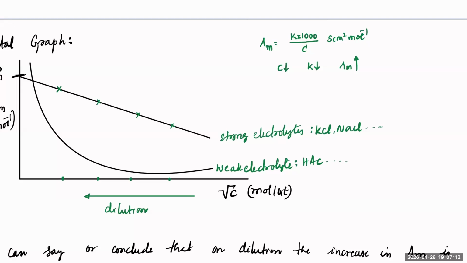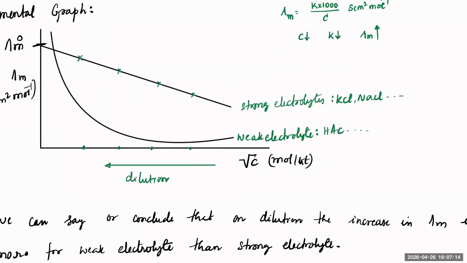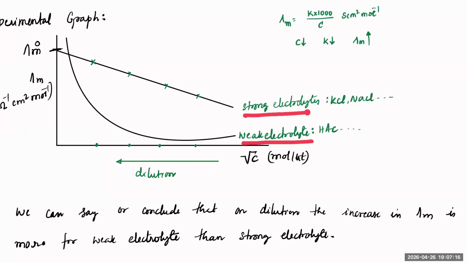Now, that's what happens both with weak electrolytes as well as strong electrolytes. If it comes to strong electrolytes, as the concentration is increasing, you will see more decrement in terms of molar conductance. And experimentally, it has been found that we can make a linear relation between lambda m versus root c.